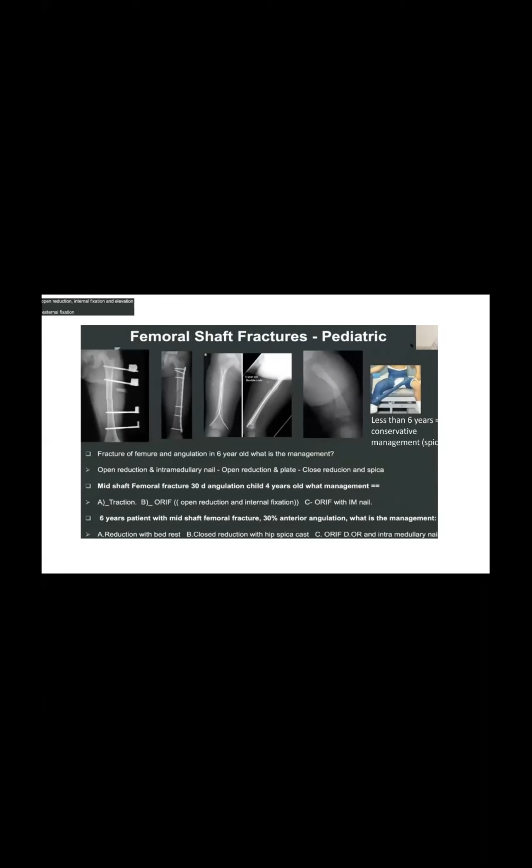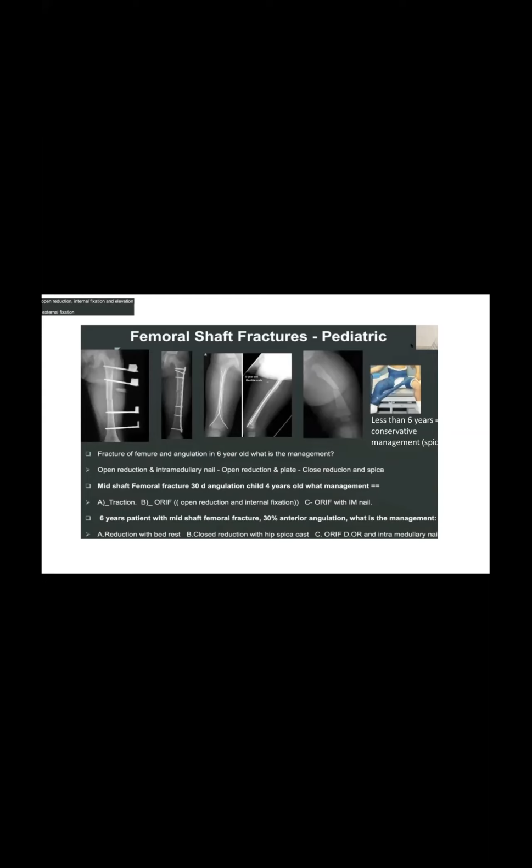Second question: a mid-shaft femoral fracture, 30-degree angulation, child of 4 years. What is the management? The options are ORIF, intramedullary nail, and traction.